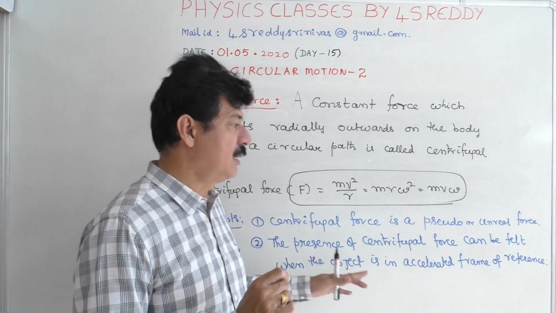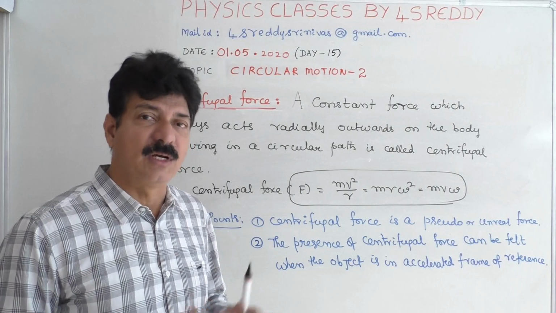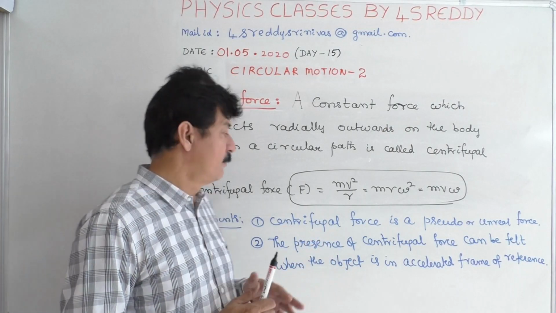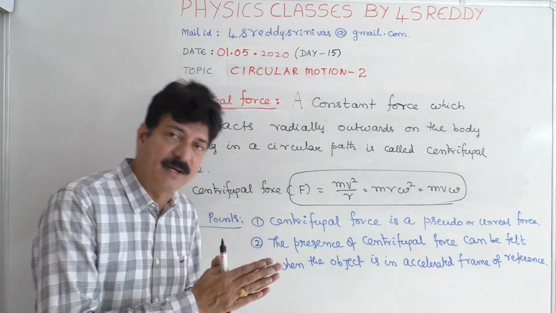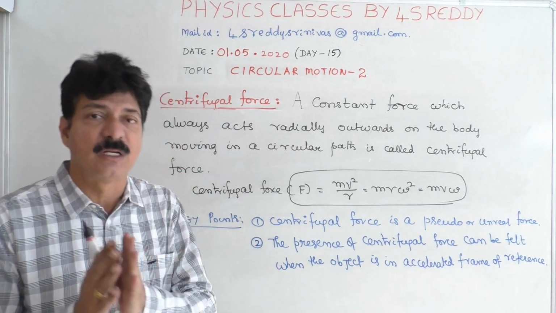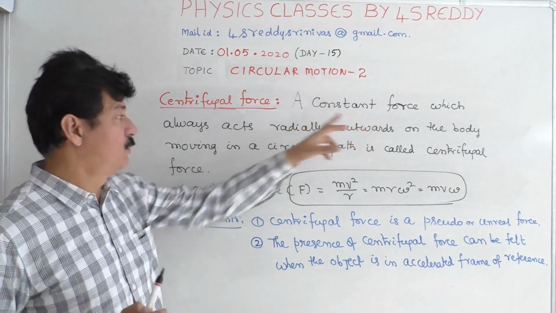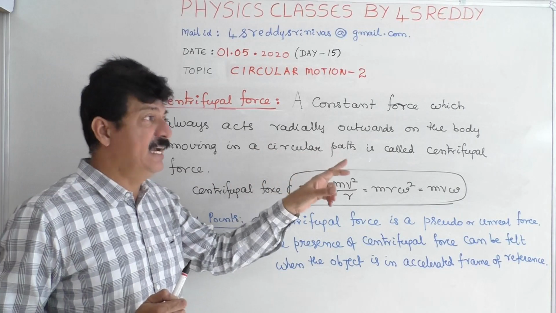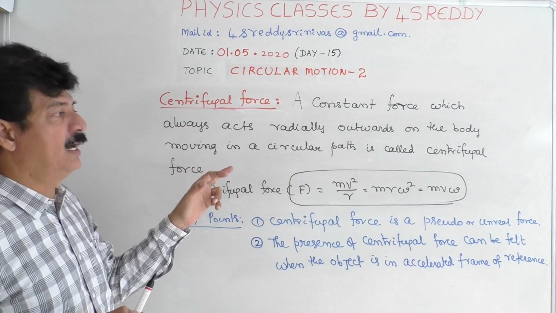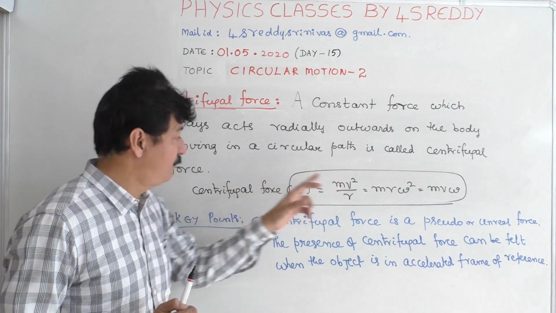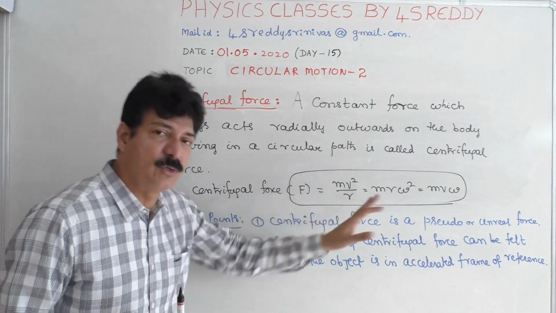These will all be discussed in later stages, because these are only foundation classes, just to have an idea of the difference between centripetal force, centrifugal reaction and centrifugal force. Centrifugal force means a constant force which always acts radially outwards on the body moving in a circular path. For all types of forces, the magnitude is the same.